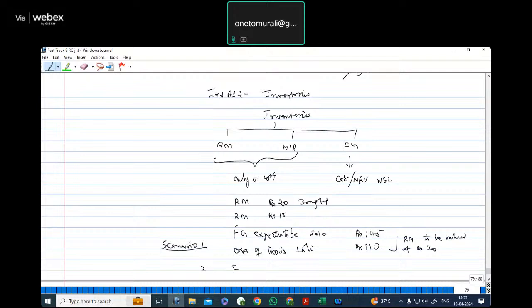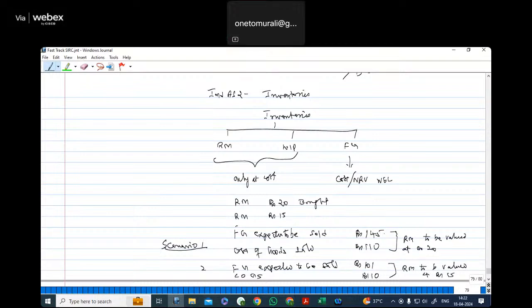Scenario two, finished goods expected to be sold at rupees 106. Cost of goods sold is rupees 110. Or I will put it this way, 101. Cost of goods sold, where raw material is to be valued at rupees 15.